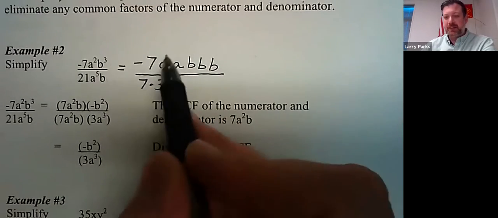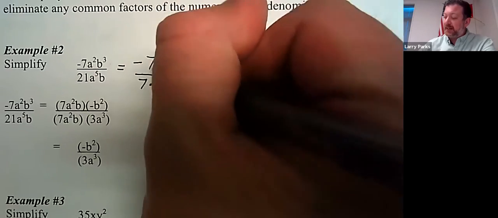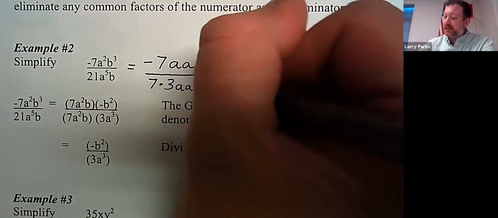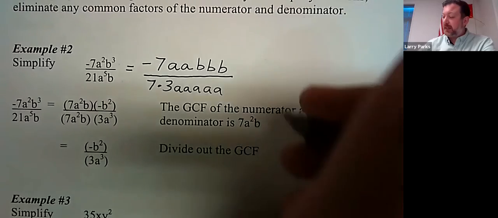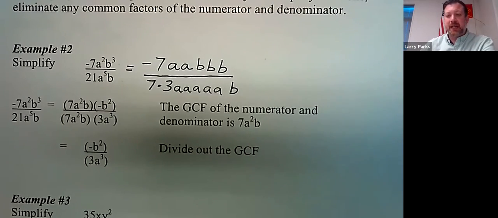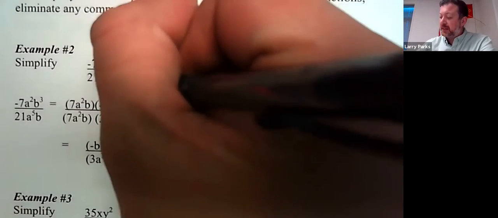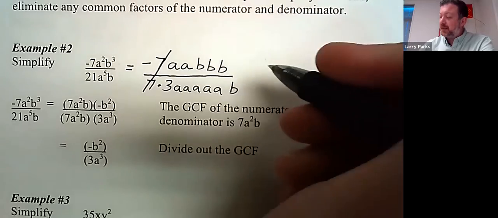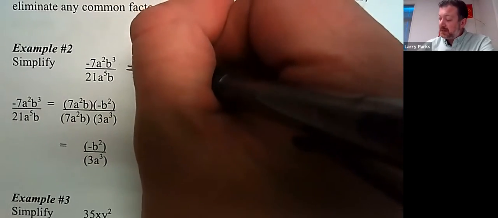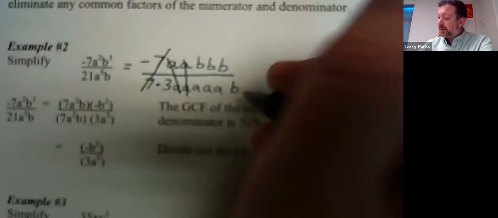Partly because then the 7s cancel. A to the 5th is A times A times A times A times A, and then a B. So now I could see what's in common and eliminate common factors. So I could eliminate the 7s. I could eliminate an A and another A and then one B.